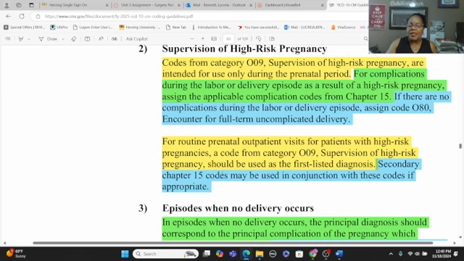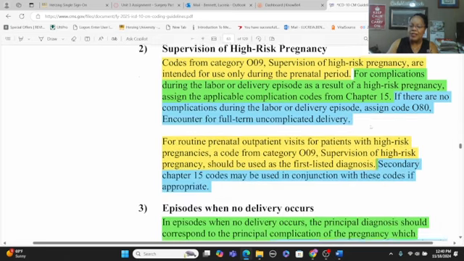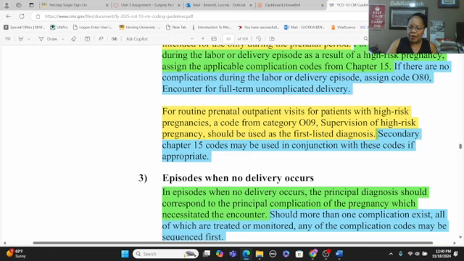And for routine prenatal outpatient visits for patients with high-risk pregnancies, again, prenatal, high risk, those are not regular outpatient prenatal visits with no complication. This is a high-risk pregnancy.